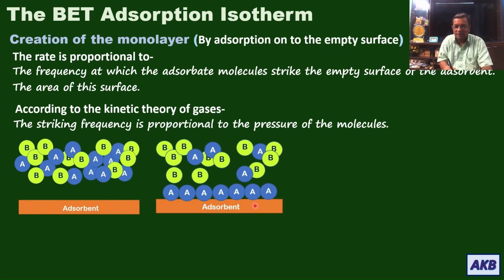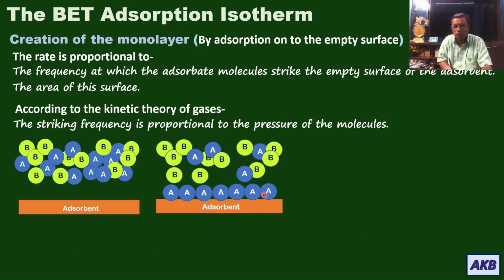You can understand it with the help of this schematic diagram. You have the adsorbent in contact with the gas mixture, and now gas A is getting adsorbed on the surface of the adsorbent.